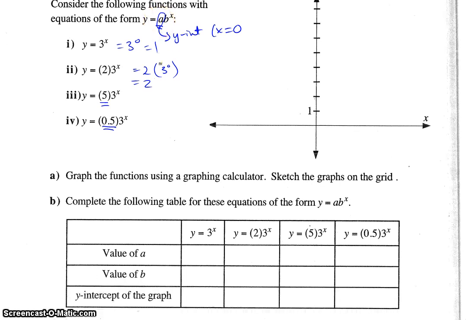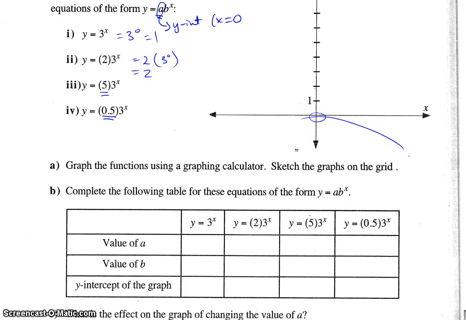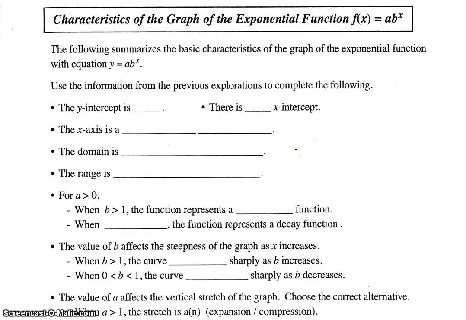Now if it was negative, it would reflect over the axis and it would still be our y-intercept. Okay, let's look at the next page. We're going to summarize those characteristics we were just talking about. So our basic exponential graph looks like this. It crosses the y-axis at 1. It has a horizontal asymptote of y equals 0.